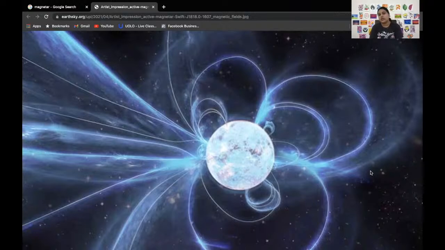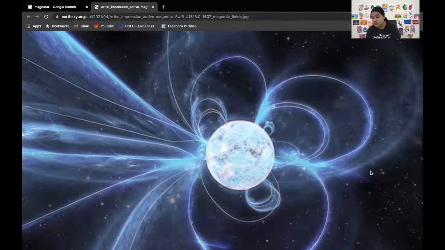Now, what gives the magnetar its magnetic power? In general, when people have done research about where the magnetic force comes from, it's basically the concept of what makes up the interior of the star.